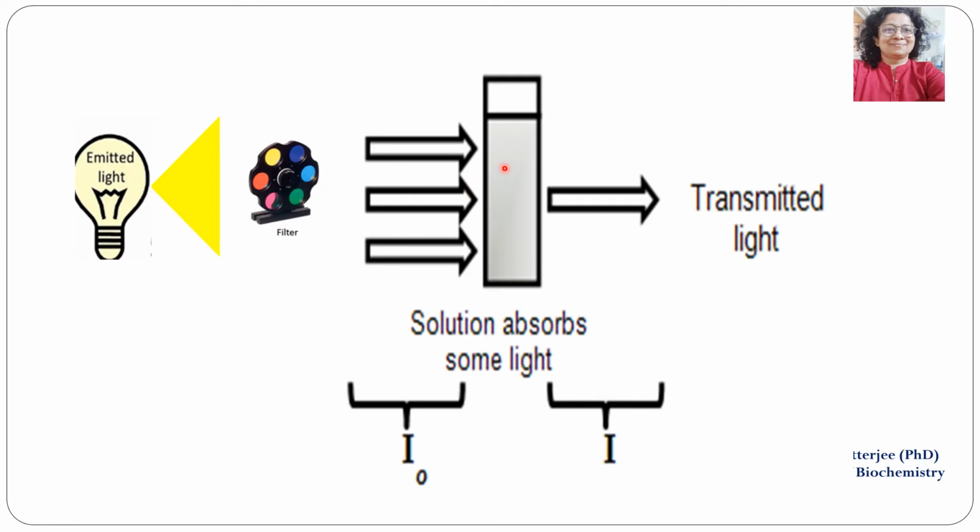So some of the light rays are absorbed whereas some are transmitted. So the transmitted light is represented as I. The incident light is represented as I0, and the transmitted light is I.